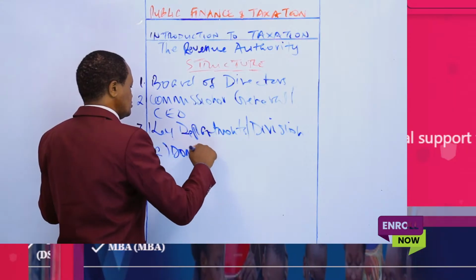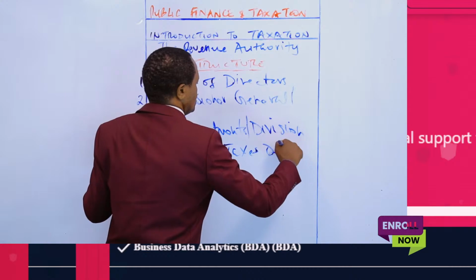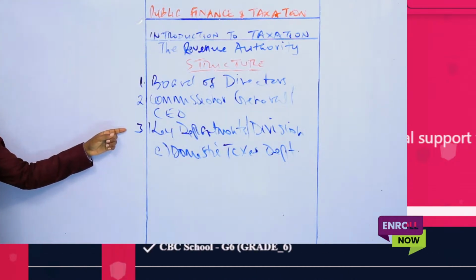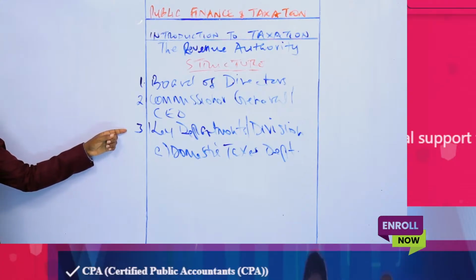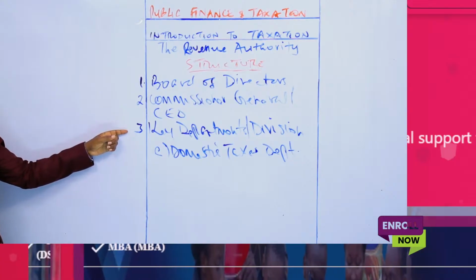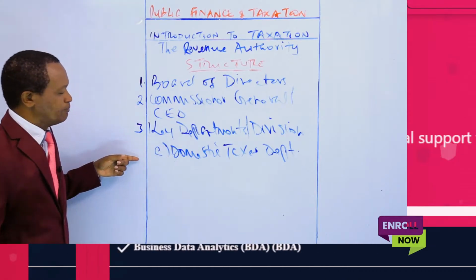KRA is broadly organized into several departments, each headed by a commissioner. And the first department is the Domestic Taxes Department.